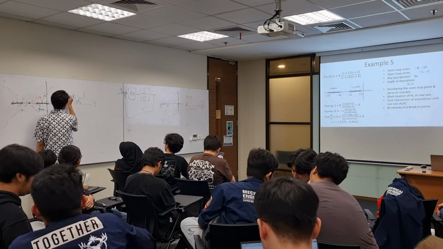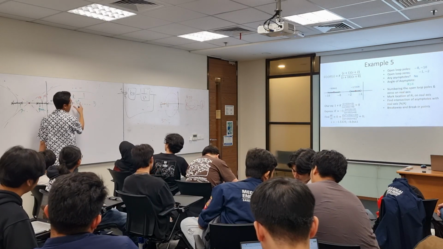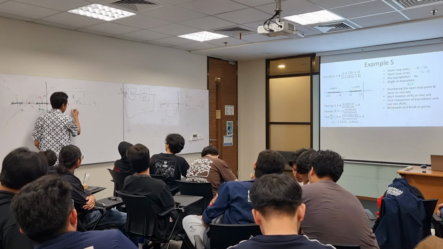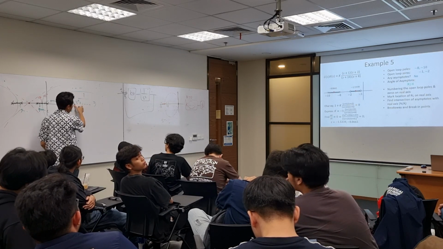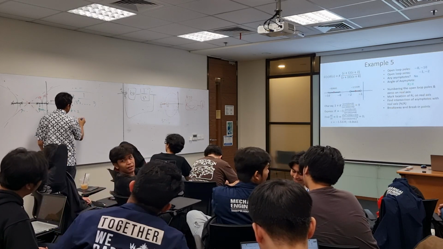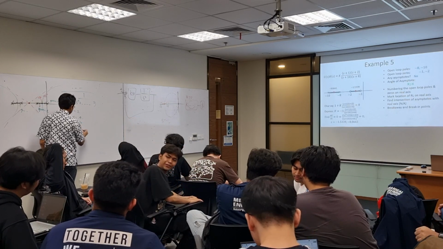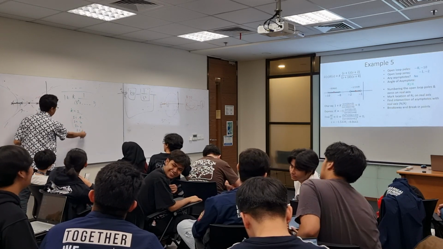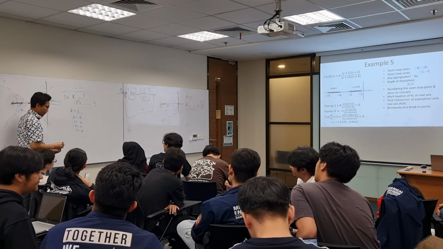This is 1 plus the numerator over the denominator. If you set K to be 2, how many roots will you have from the denominator? 4. S equals A, B, C, and D. So in the root locus you will also find 4 numbers that have the same gain, and the values are different.